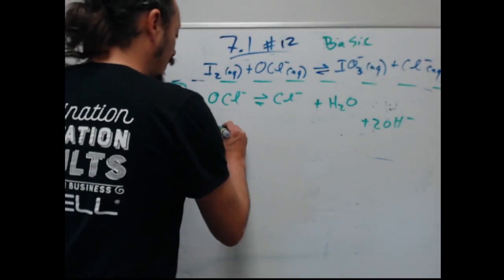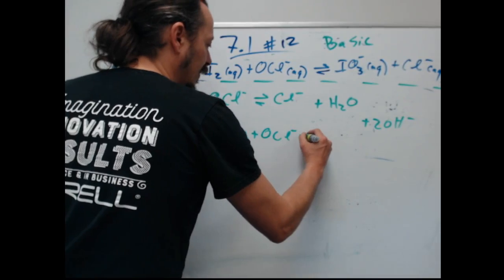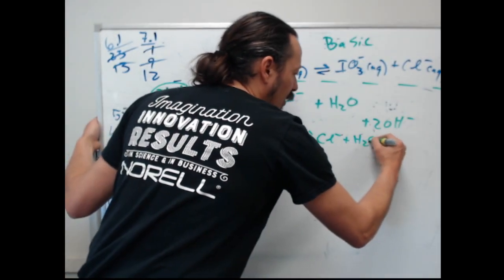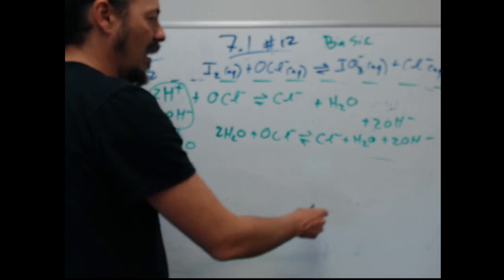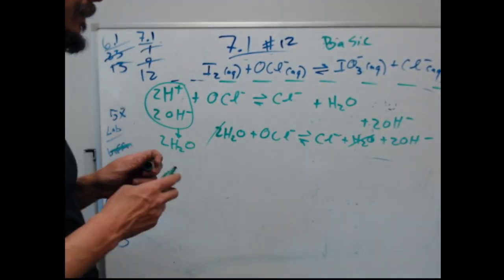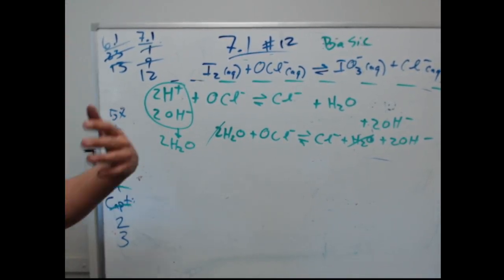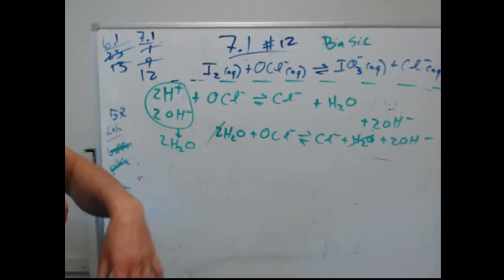So then I end up with 2 H2O plus OCl minus goes to Cl minus plus H2O plus 2 OH minus. And I can get rid of this H2O and one of those H2Os. At first glance, it looked like I needed to add water to the product side to balance my oxygens.